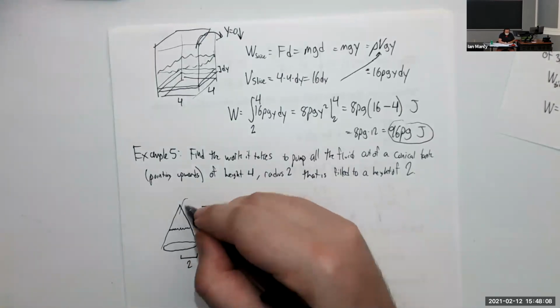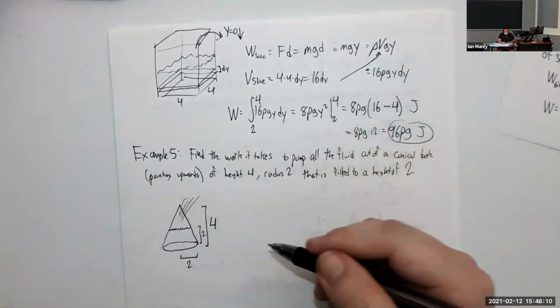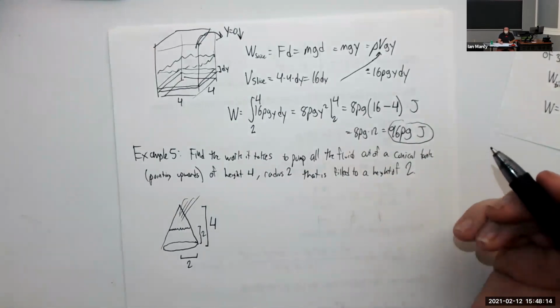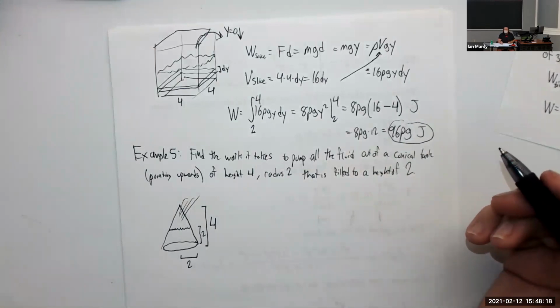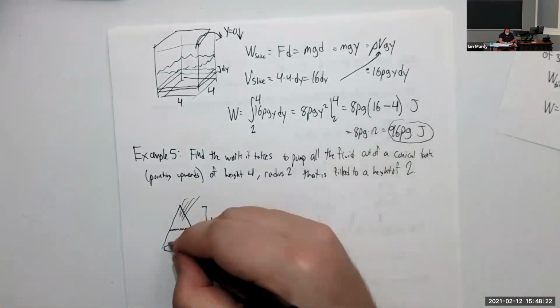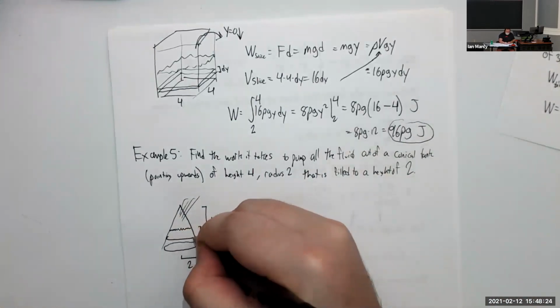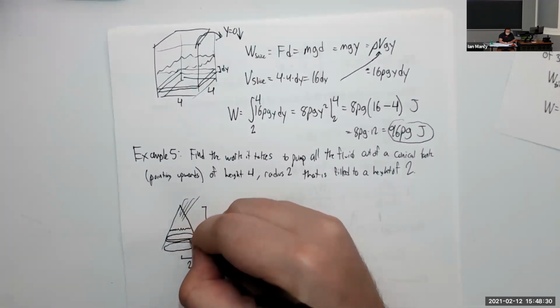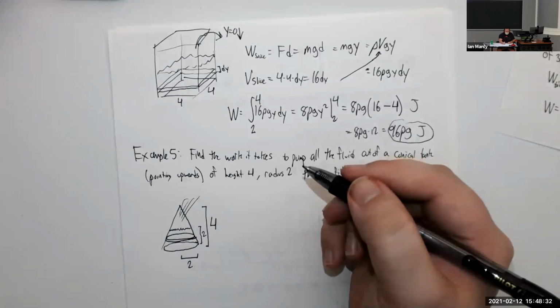All right, so what we want to do is figure out, if there's water here, we want to pump all of that out over the top right here. So just like before, we're going to use the same philosophy here. We're going to break all of this water into slices and then figure out the amount of work it takes to move each slice to the top. All right, so let's take a slice here. Now this time, since we're not dealing with a cube, our slices will instead be these coin-shaped cylinders right here.